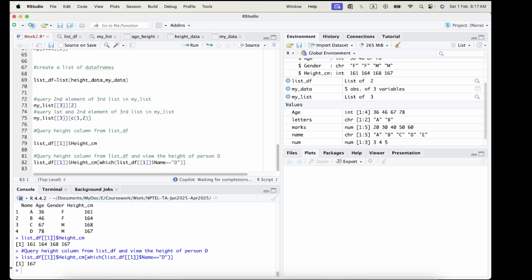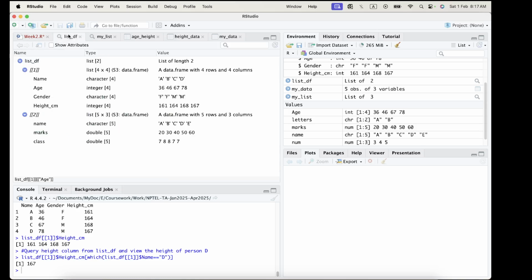So when we have this sort of complex structure, we have to go sequentially. First we go inside the list that is holding the data. Once we have the data frame, we can query with respect to the column that we want, or we can just use the subsetting techniques to get to whatever value we want.